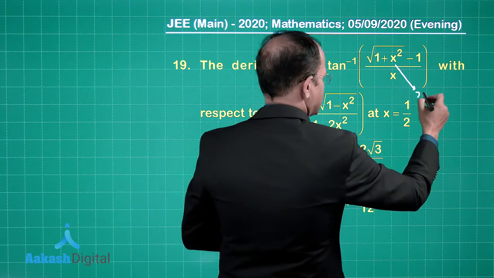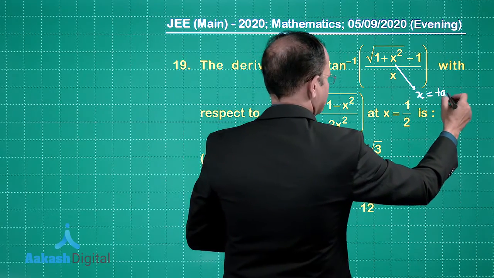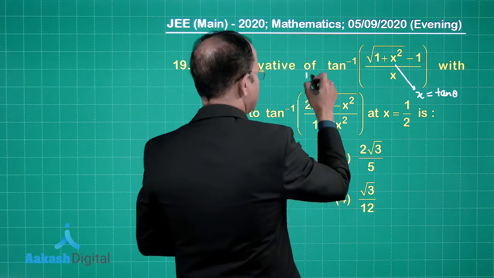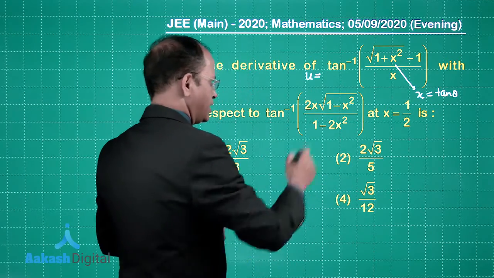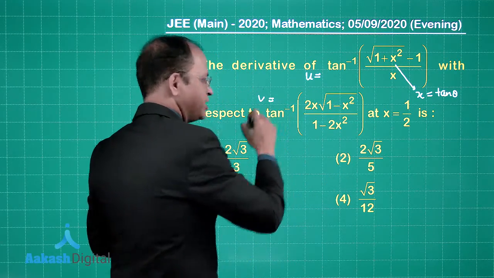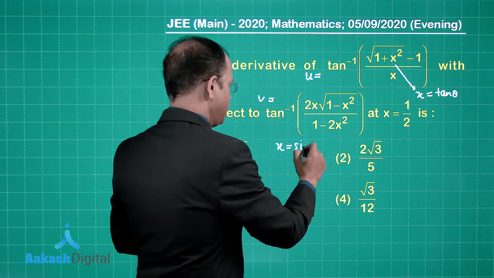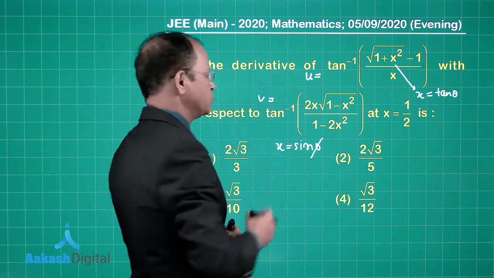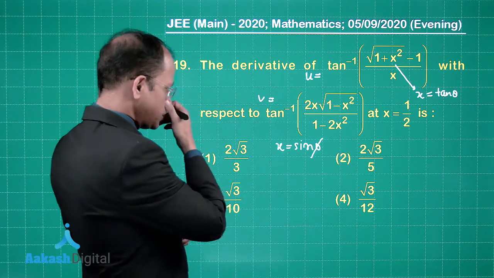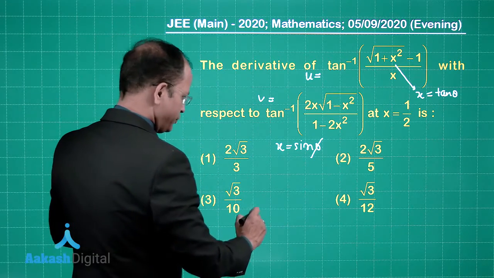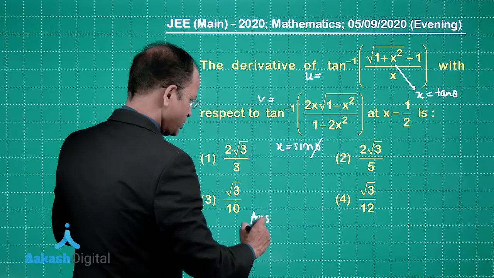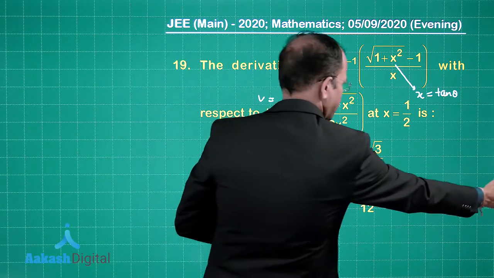One is x is equal to tan theta we can write, and let me take this expression to be, say, u, and here what we can take this as v, and here we can write x is equal to sine phi. So these are the substitution we can do. So once you do the substitution, we can just simplify the facts, right?